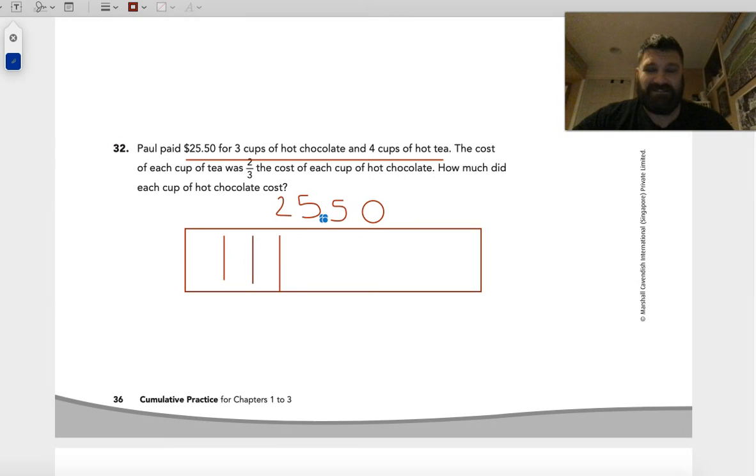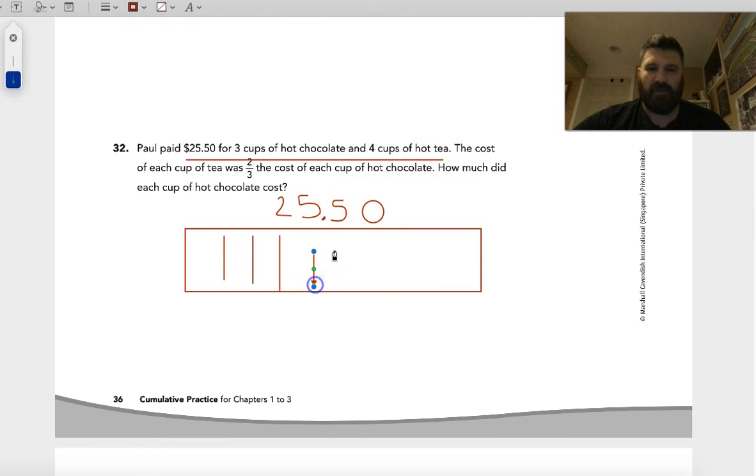Okay, so one of the ones we're going to work on is 32. Paul paid $25.50 for 3 cups. So I went ahead and drew my 3 cups. Then he also had 4 cups of hot tea.